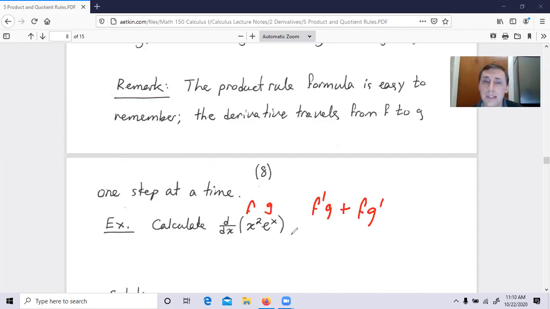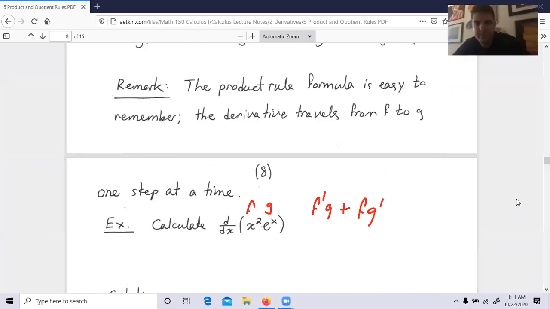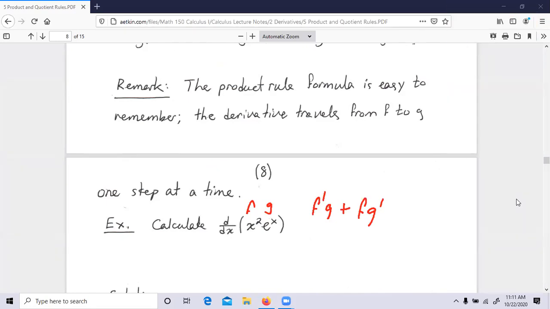Okay, so please write in the comments, calculate the derivative of x squared times e to the x. I just want to see that you are able to follow the formula. This is the formula that is derived above. Yeah, I want to see as many of you as possible.